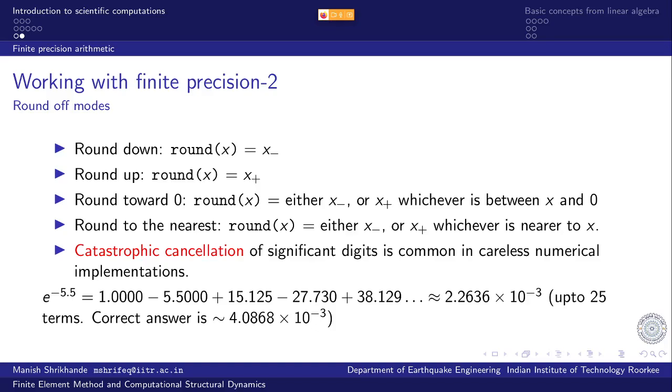So what is wrong? What is wrong is this alternate addition and subtraction. When two numbers of similar magnitude are subtracted, that results in significant, I mean catastrophic loss of precision.